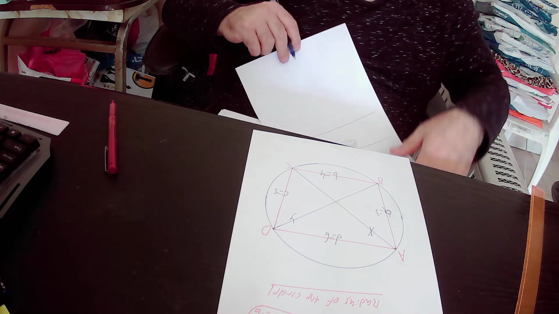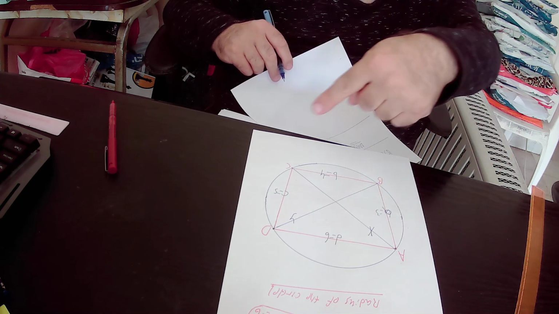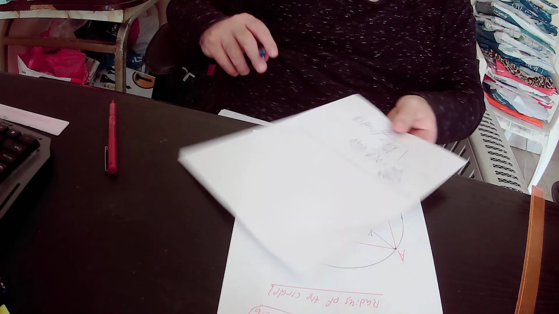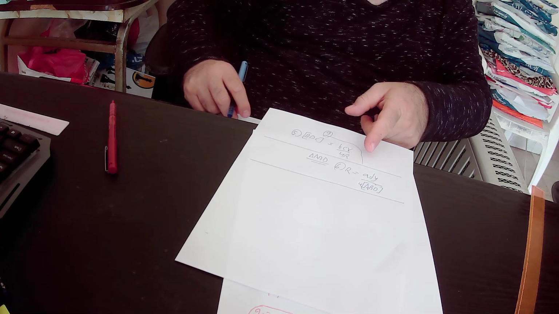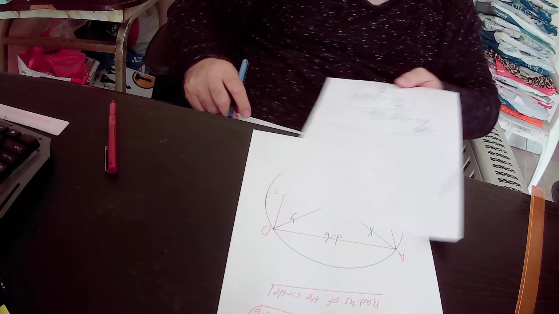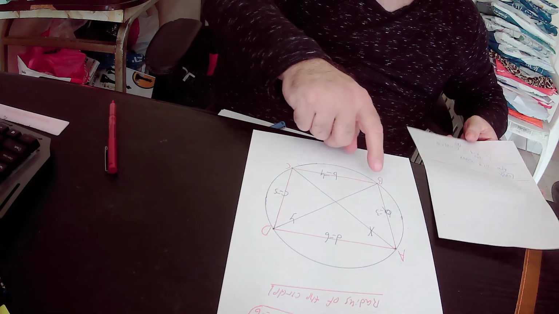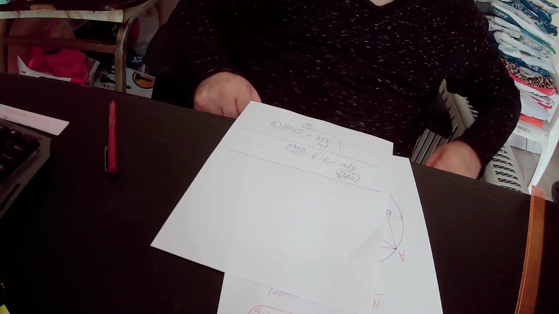So I'll repeat again. We focus on triangle ABD. Triangle ABD is inscribed by this blue circle. Therefore, according to rule number 3, the radius of the blue circle will be equal to the product of triangle ABD sides. That is to say, it will be equal to A times D times Y over 4 times the area of triangle ABD.